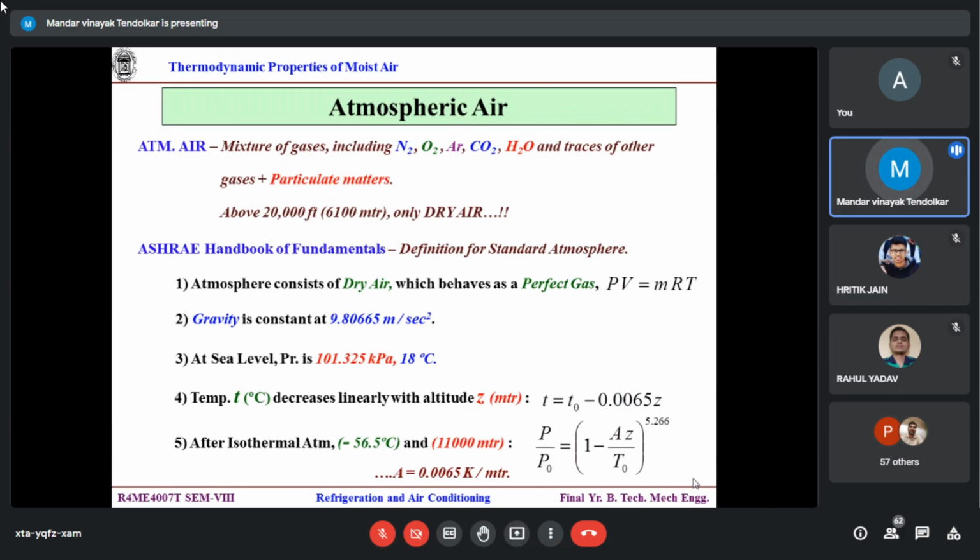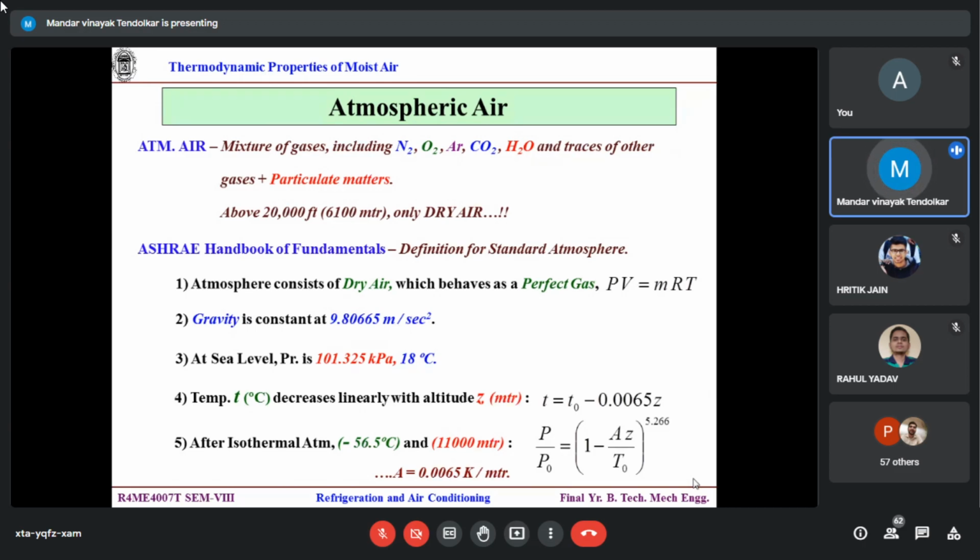So if you know Z, you can find out P. P0 is atmospheric, T0 is atmospheric. So what is the pressure, let's say, at an altitude of 15,000 meters? You can find out.